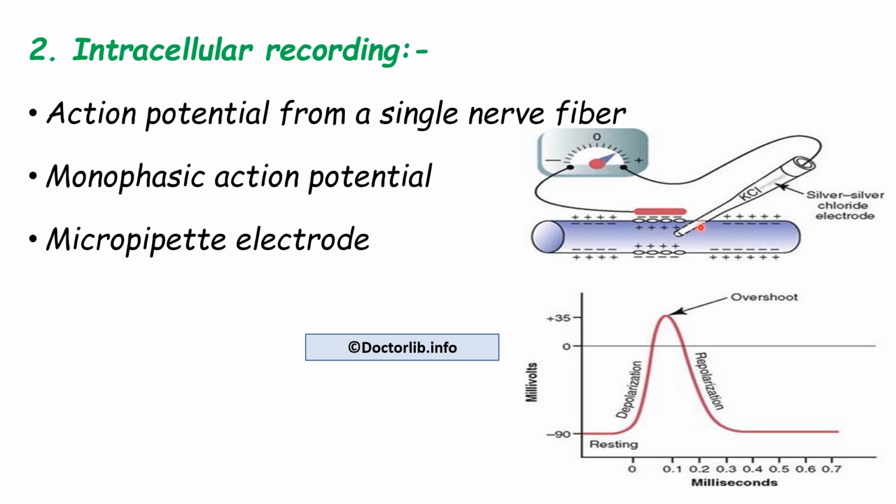This is connected to a voltmeter or amplifier, and then we record this, further connected to a cathode ray oscilloscope, and then we can get the action potential.